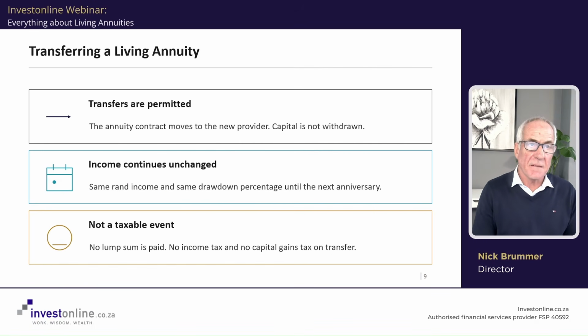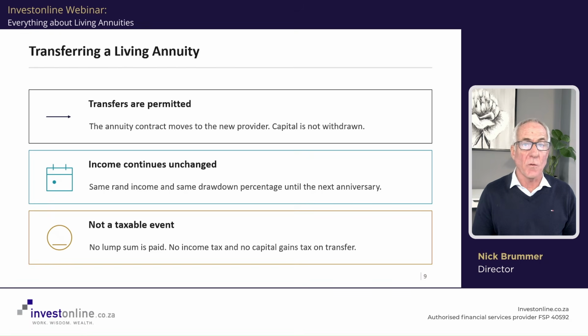Transferring a living annuity. You can transfer your living annuity between different providers, and there's absolutely no tax implication. The capital is just moved from one provider to another. Then also, your income continues as normal.